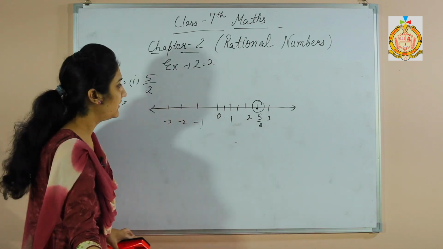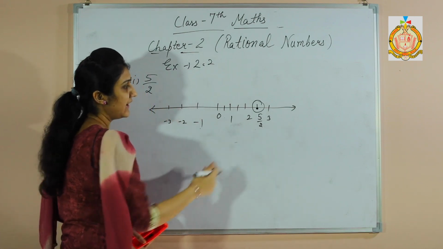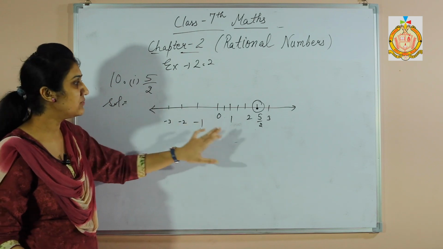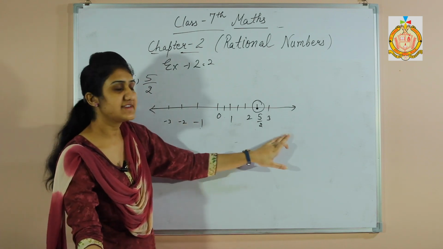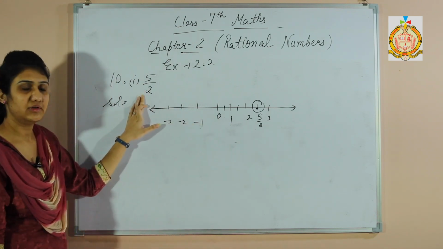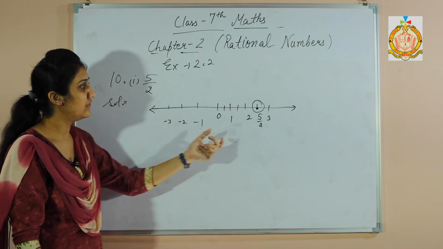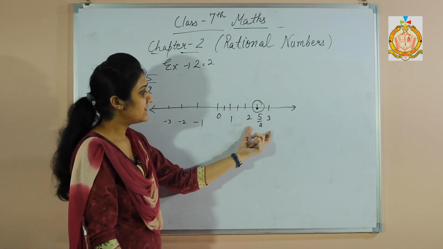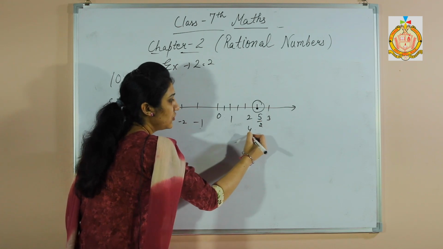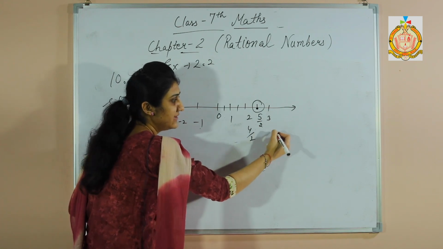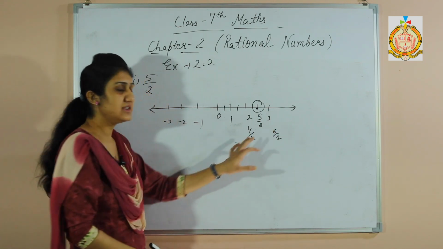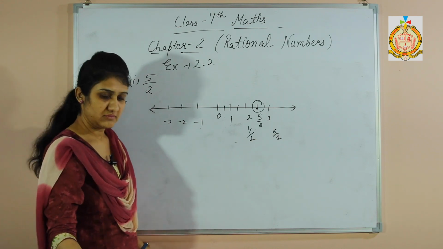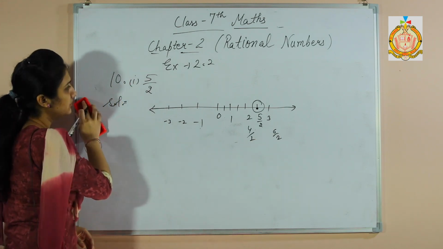You can simply write here 1, 2, and our 5 by 2 lies in between 2 and 3. First consider this denominator and then see where it is placed on the number line. It is 4 by 2, that is 2. It is 6 by 2, that is 3. So it is in between both of them. Now we will do another sum.